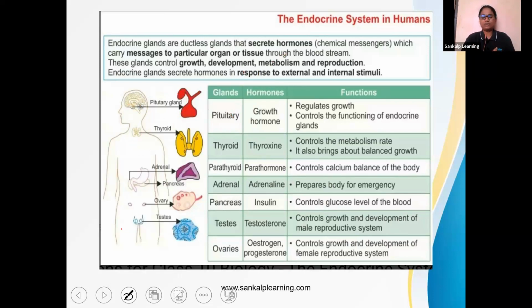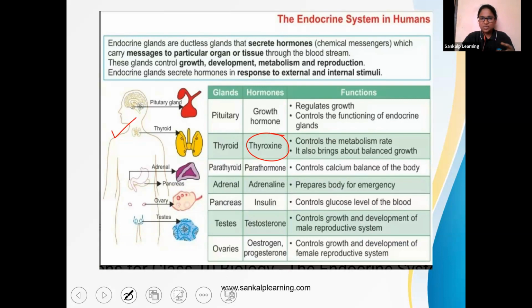Next, we have thyroid. You can see the position of the thyroid gland here near the throat. It secretes a hormone called thyroxine. What does it do? It controls the metabolism rate. Metabolism is different from metabolism rate. Metabolism means chemical reactions which are taking place inside the body.